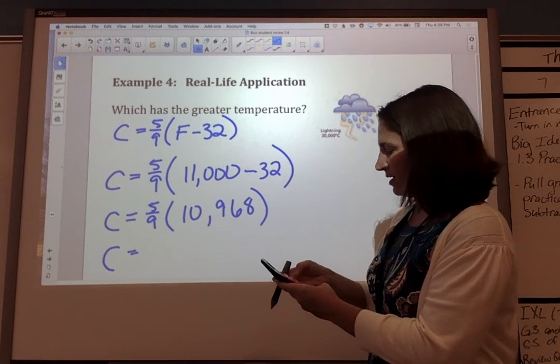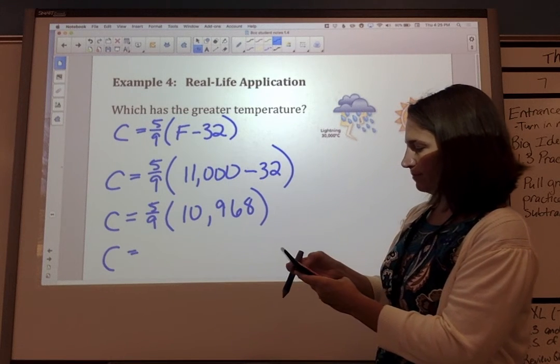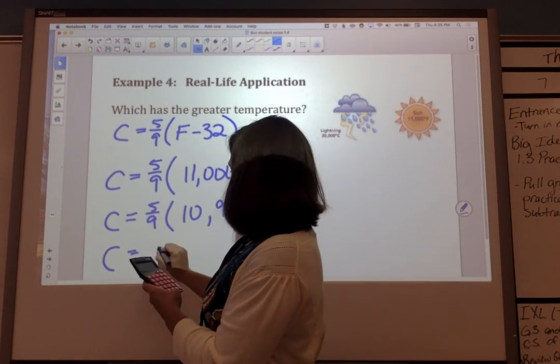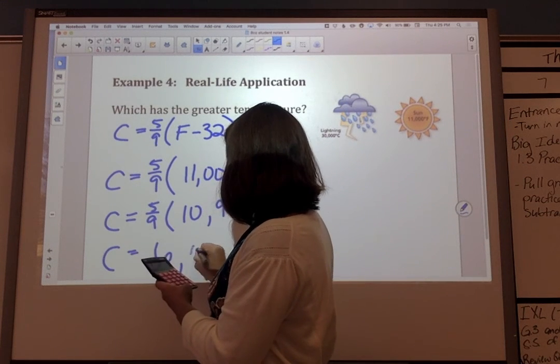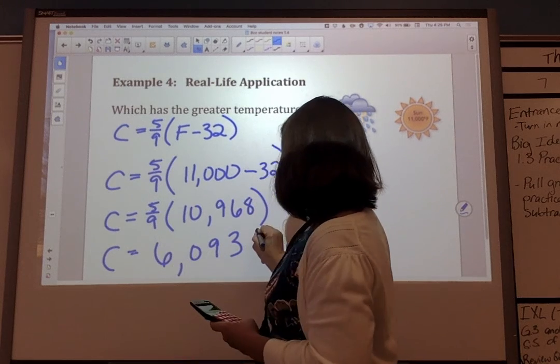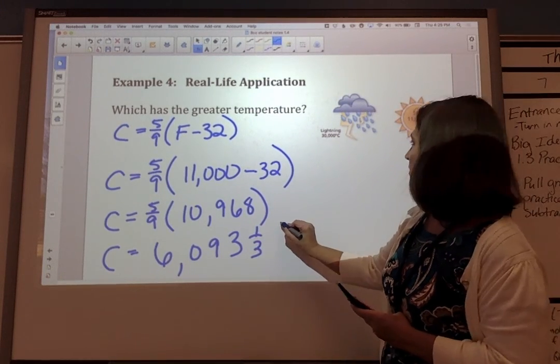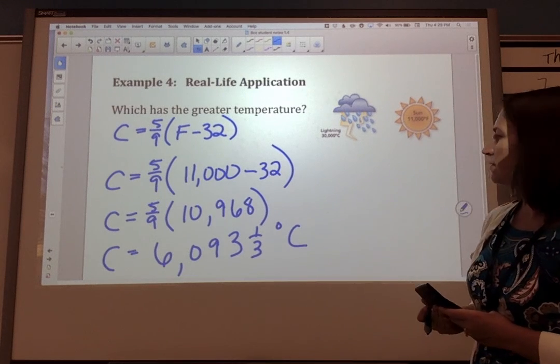Then we can multiply it times 5/9, and we get 6,093 1/3. And that would be in degrees Celsius.